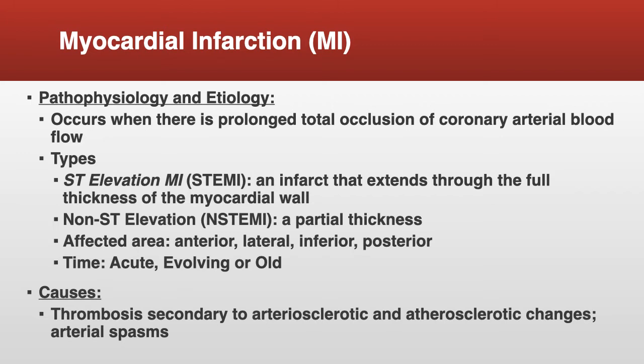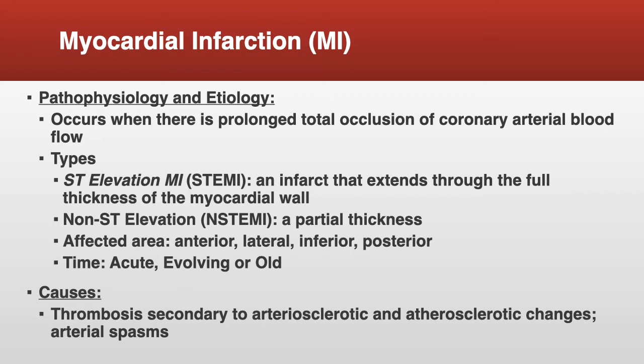You can have an acute MI, which means that the MI is brand new onset. You can have what's called an evolving MI, which means that the client comes into the hospital, they are currently having their MI, and while you are treating them, giving them the appropriate treatment, the MI is getting worse. So it is evolving.